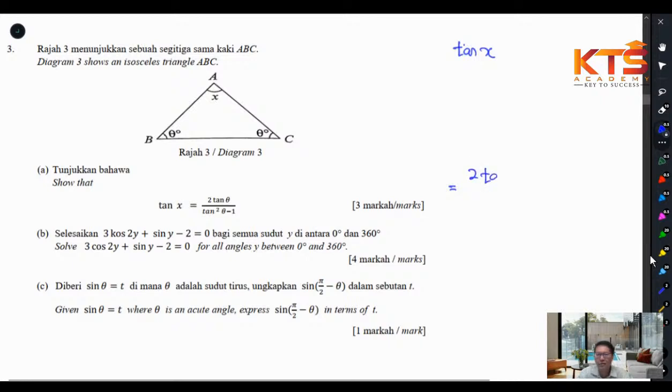Oh, tangent theta? Oh no, tangent X. I think the question is wrong. Never mind, forgive. We understand.